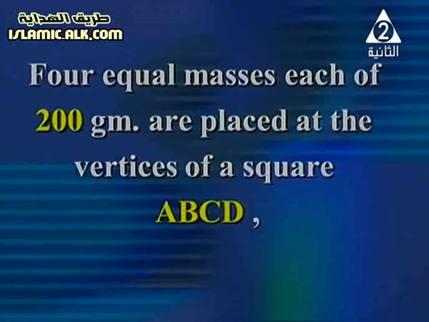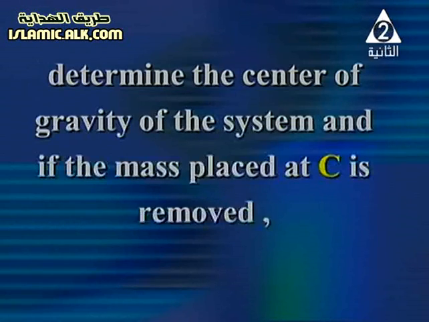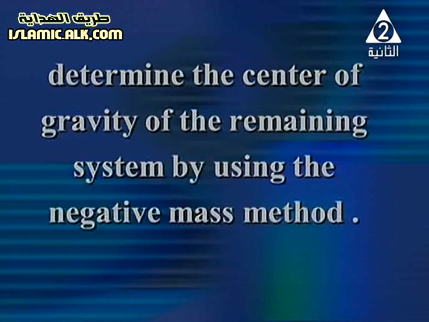Dear student, four equal masses, each of 200 gram, are placed at the vertices of square ABCD. Determine the center of gravity of the system, and if the mass placed at D is removed, determine the center of gravity of the remaining system by using the negative mass method.